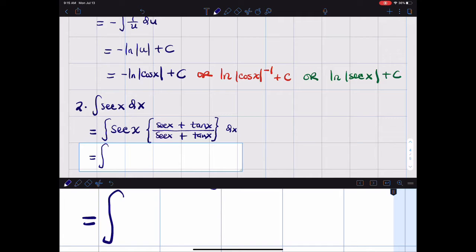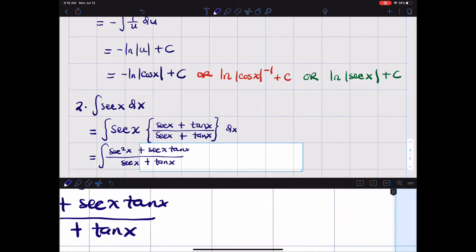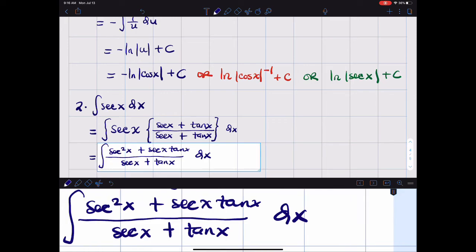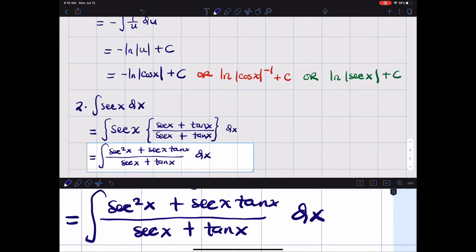Now, what I can do is expand. If I expand the numerator, I get secant squared of x plus secant x tangent x all over secant of x plus tangent of x. If you're good with your derivatives, it's going to become a little clearer in a second. Why am I doing this?